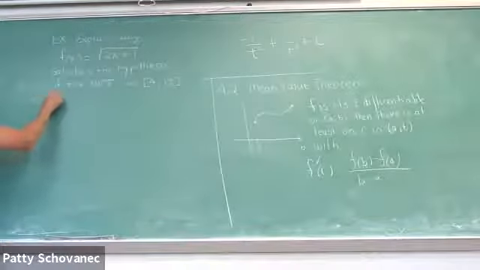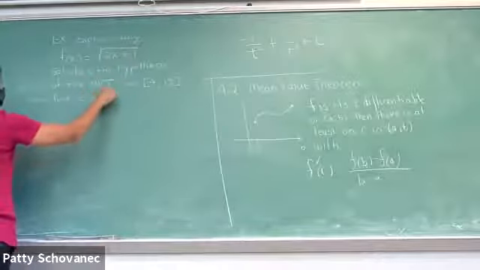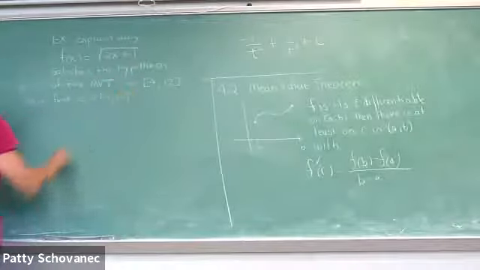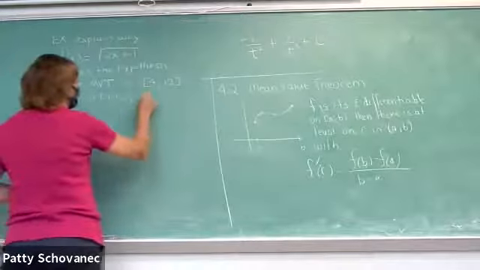Then find C in the interval 4 to 12 guaranteed by this theorem.